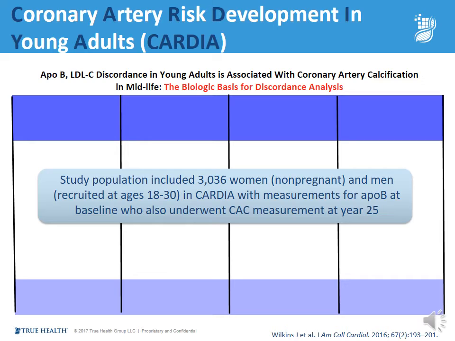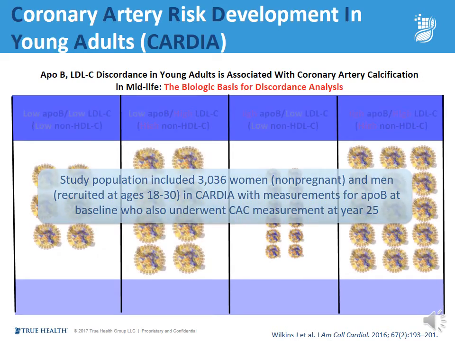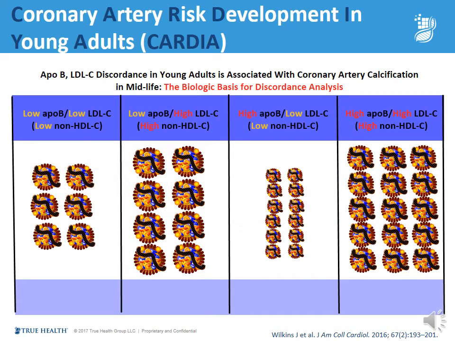And so they looked at when these measurements correlated and when they were discordant, meaning they did not correlate, and some very interesting data. So across the top, people were separated into 4 groups.